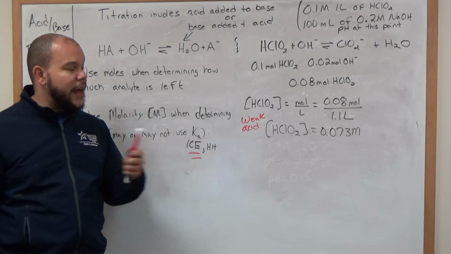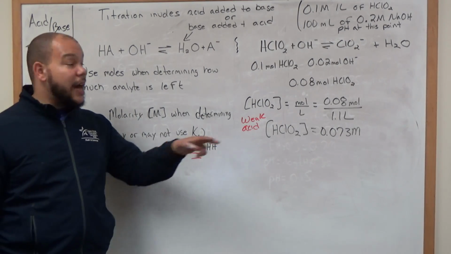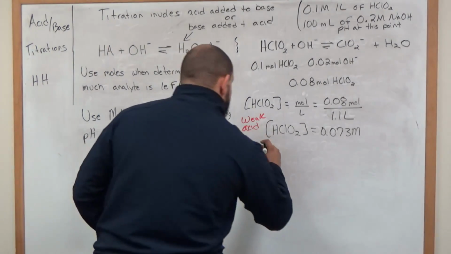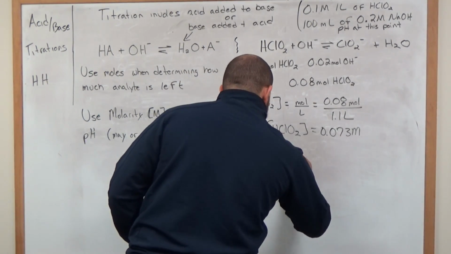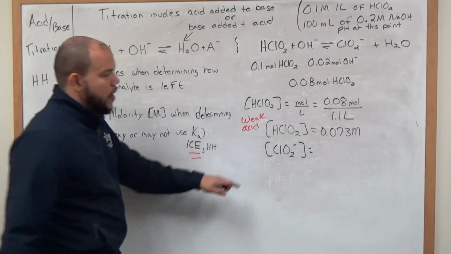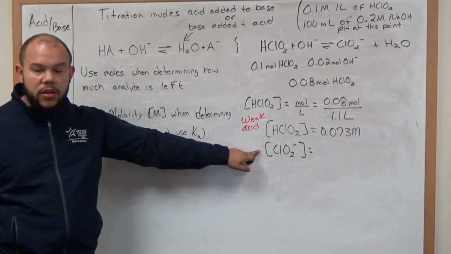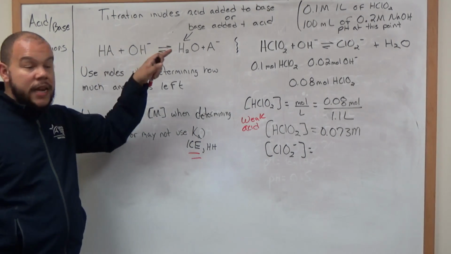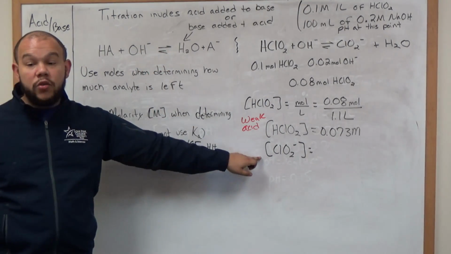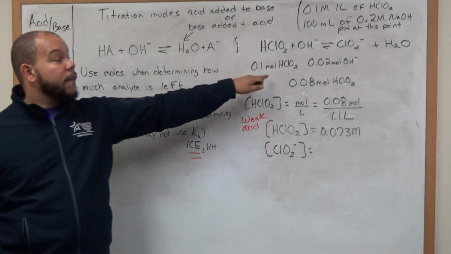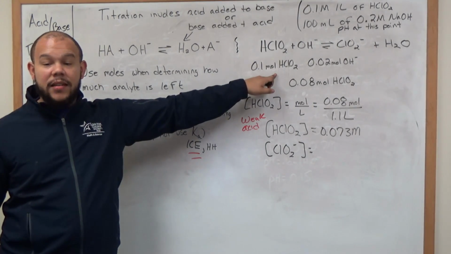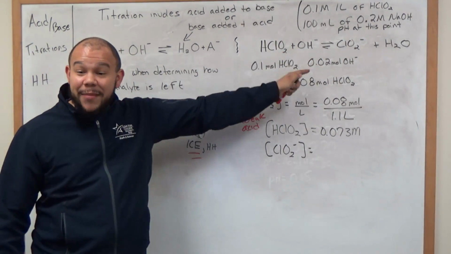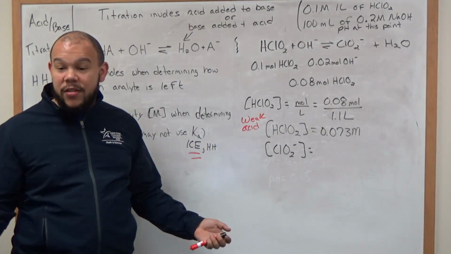But to use Henderson-Hasselbalch, remember, we need to know not only the concentration of HA, we need to know the concentration of the conjugate, which in this case is ClO2 minus. And how do we get the concentration of the conjugate? We need moles of ClO2 minus that were formed. How many moles of product we form is based on the limiting reagent, same as in General Chemistry 1.